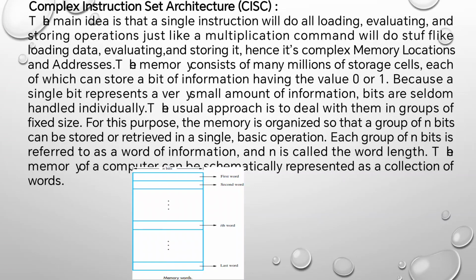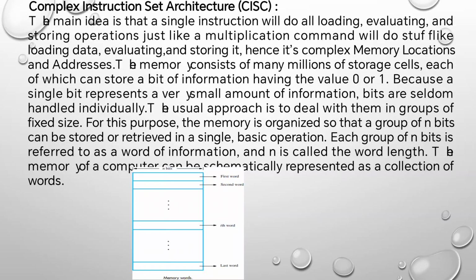bits are seldom handled individually. The usual approach is to deal with them in groups of fixed size. For this purpose, the memory is organized so that a group of n bits can be stored or retrieved in a single basic operation. Each group of n bits is referred to as a word of information, and n is called the word length.